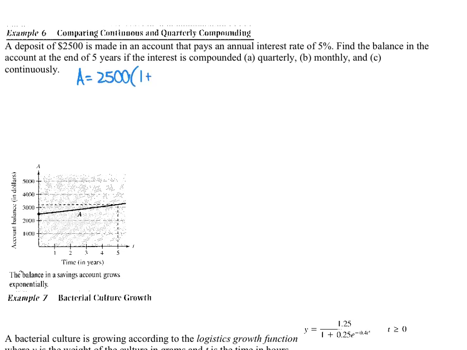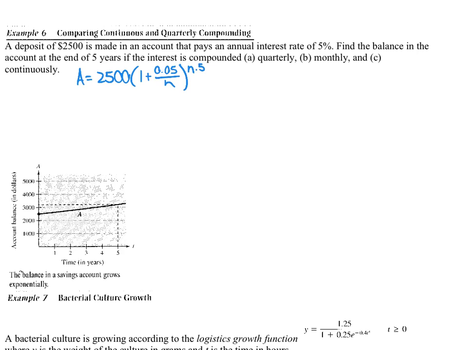We have 1 plus 0.05 divided by n, to the n times 5, if we're doing it for 5 years, because that'll tell us how many compounding periods we have. If we have 4 quarters a year times 5 years, that's going to make it 20 periods that we're dealing with. Okay? If it's monthly, that's 12 months for 5 years. That's going to be 60 times that it compounds.